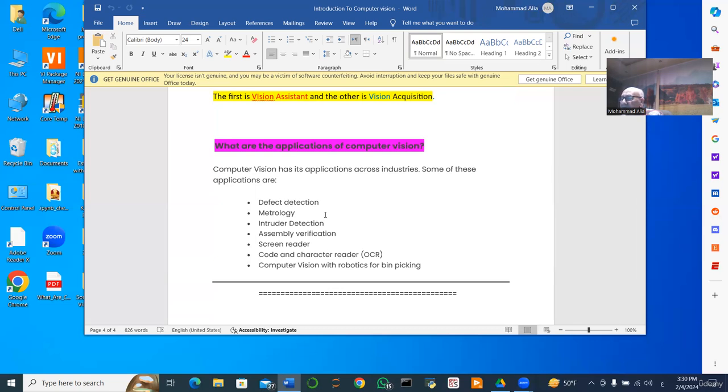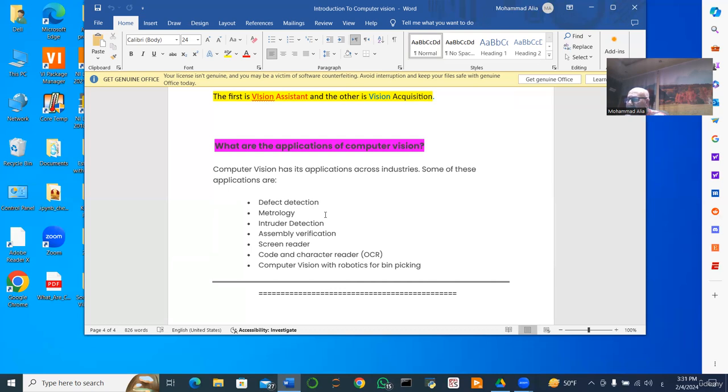Of course, measurement is a wide range of activity, but here measurements could be done by using pixels as units of measurement, or you can convert the pixel values to natural engineering values also.